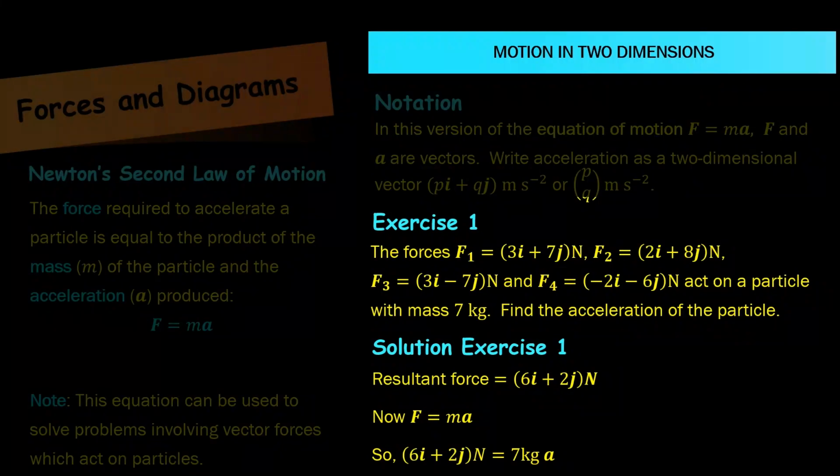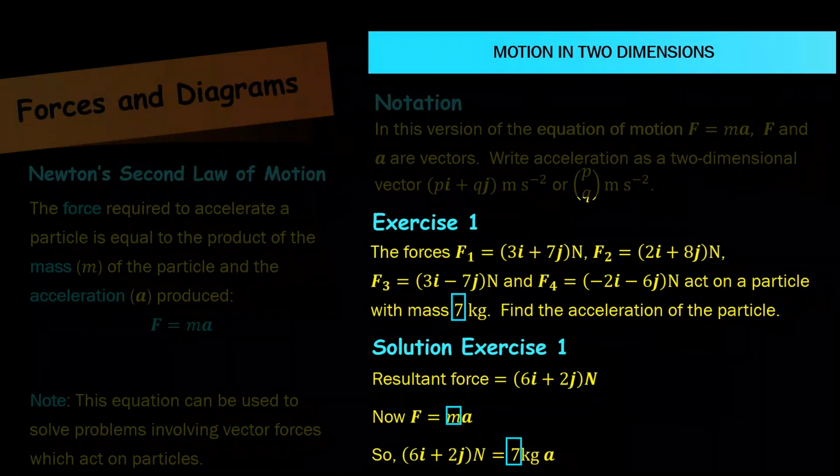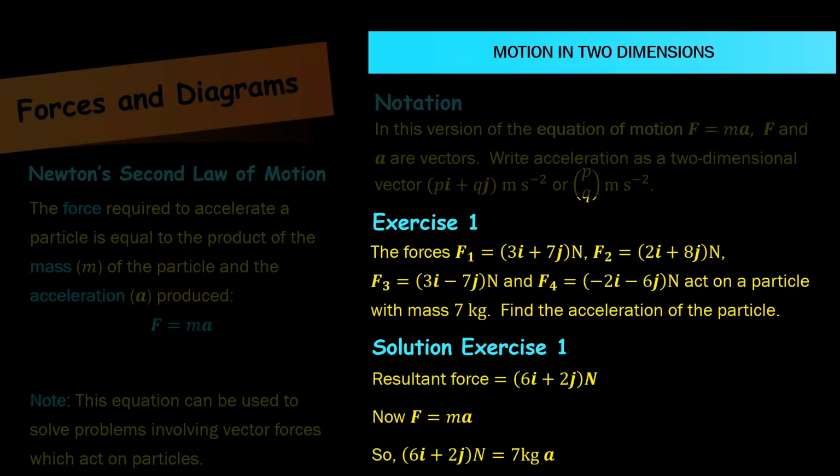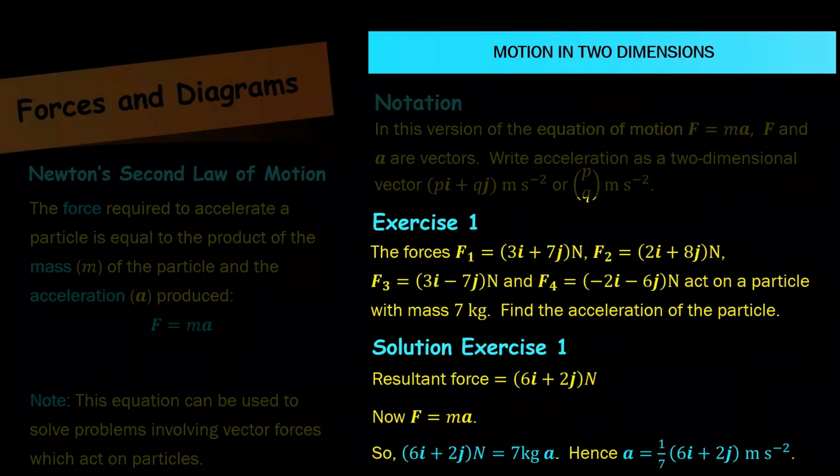Therefore, 6i plus 2j newtons equals the mass, 7 kg, times the acceleration. So F equals m times a, and therefore, acceleration equals 1 over 7 times (6i plus 2j) meters per second squared.